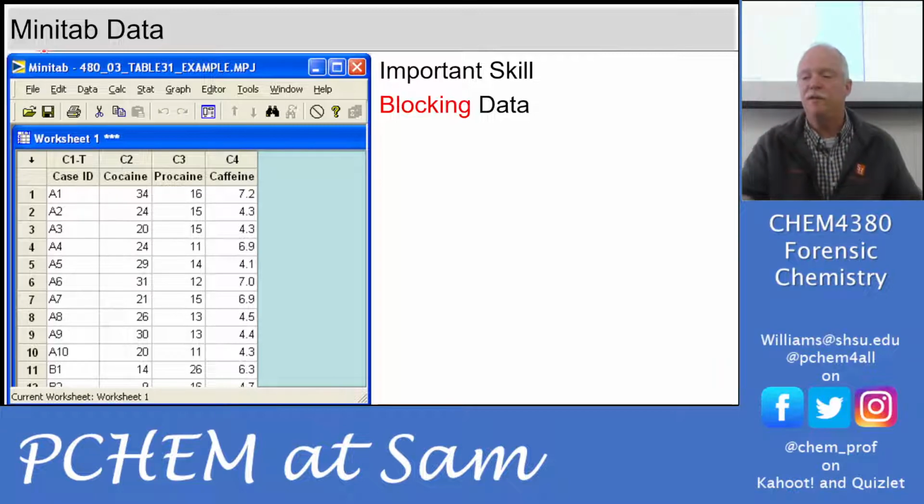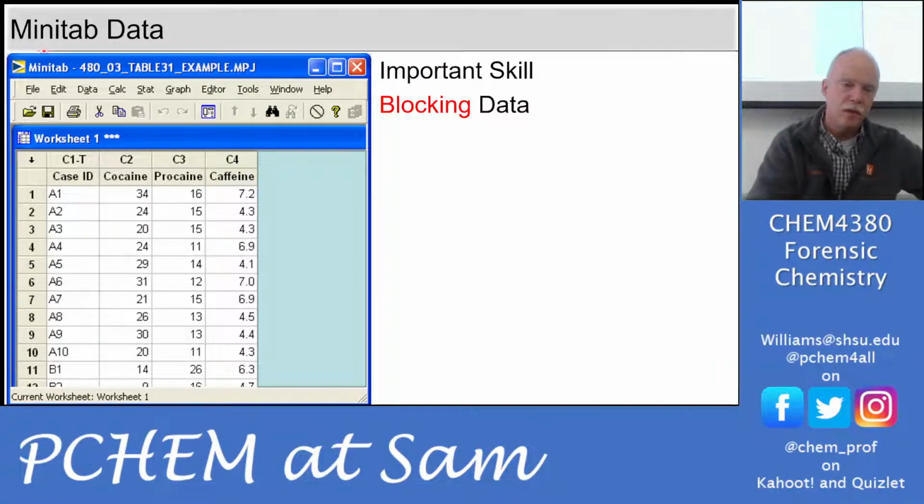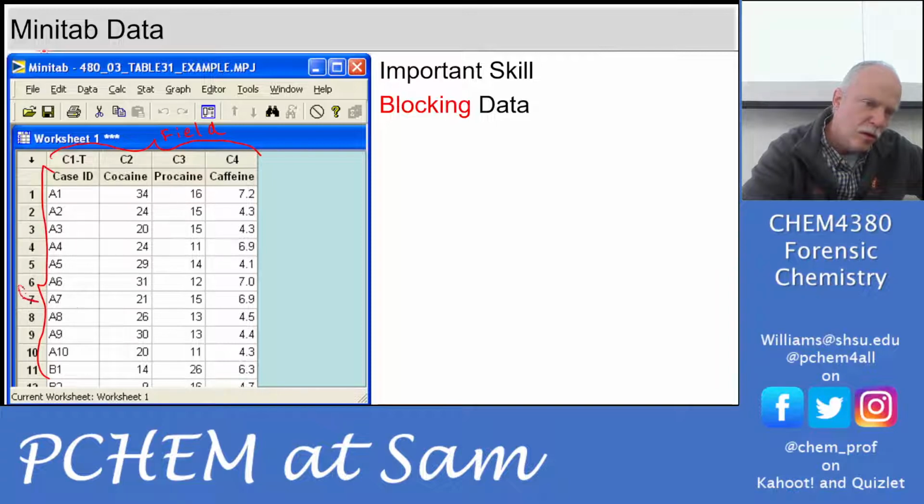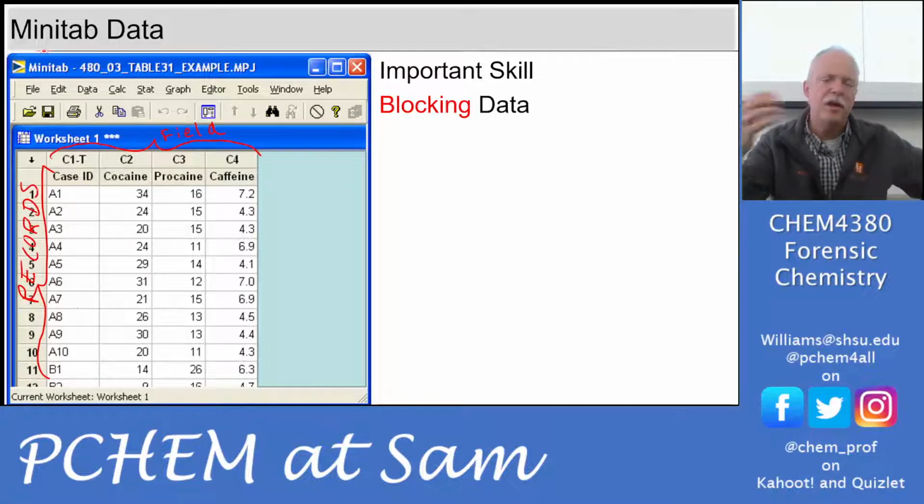So the columns are fields. And you hear that term all the time, different records in the database, okay?